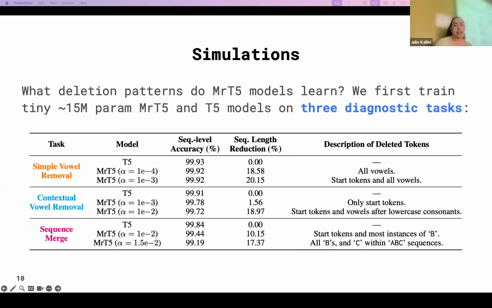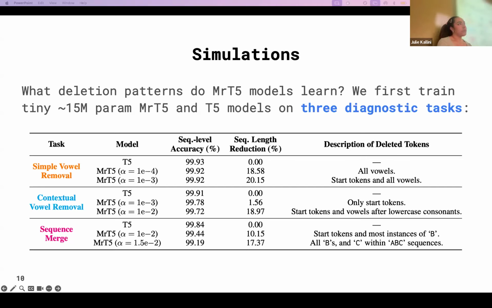For the contextual vowel removal task, it learns to drop exactly the vowels that follow lowercase consonants, which are the exact vowels it's supposed to drop. For the merge task, it also learns to drop the characters if they fall within these ABC sequences. For each of these tasks, MrT5's accuracy can nearly match the T5 accuracy while reducing the sequence length.